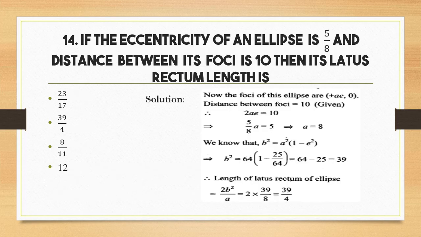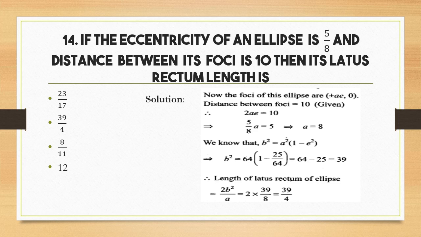In question number 14, look at this bit of an interesting question. The eccentricity of an ellipse is 5 by 8, they only told e as 5 by 8, and the distance between its foci is 10, then find its latus rectum length. They only told that it is an ellipse. For an ellipse, the square root of 1 minus b squared by a squared, or 1 minus a squared by b squared, is the eccentricity.